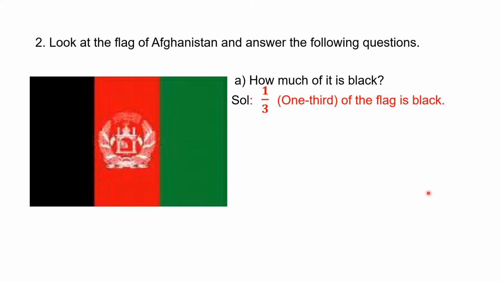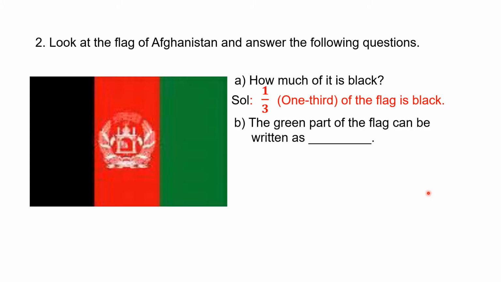Let us answer the next question. The green part of the flag: out of 3 equal parts, one part is colored green. So 1 by 3 or 1/3 part of the flag is green.